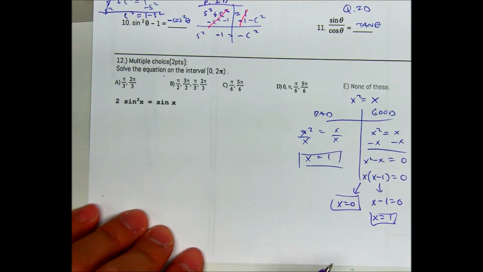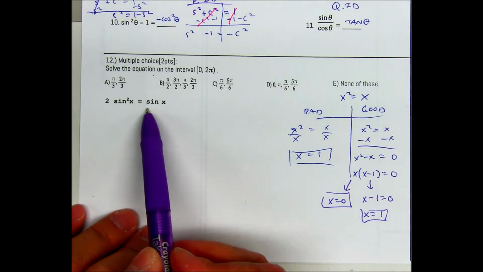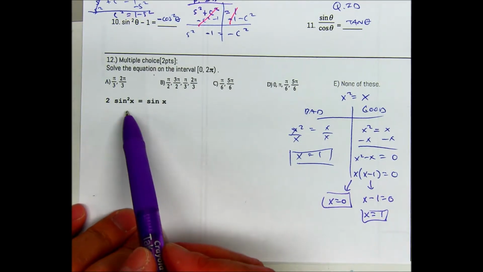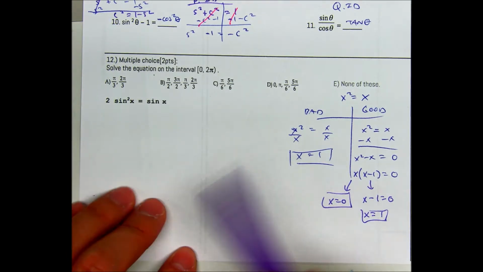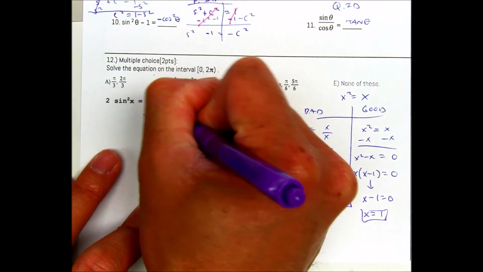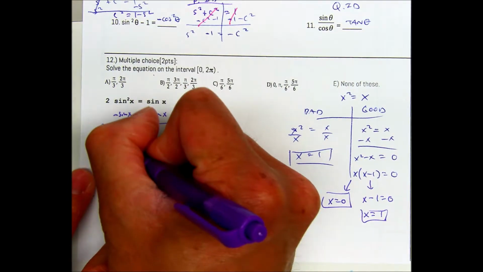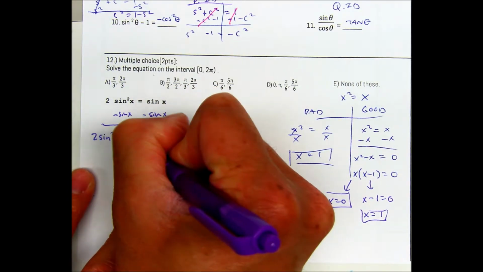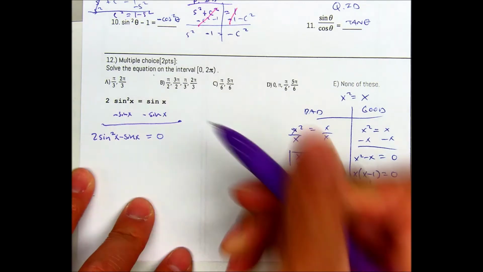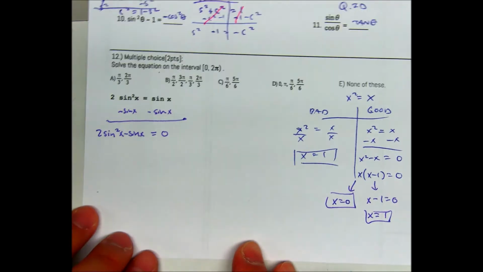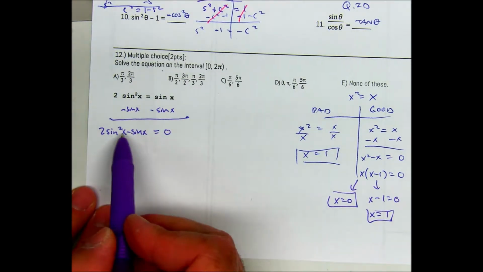You should not divide both sides by sine of x, because then you would only be left with one solution. So you're going to subtract sine of x from both sides. 2 sine squared x minus sine of x equals 0. I notice some students are still struggling with what sine squared x means.